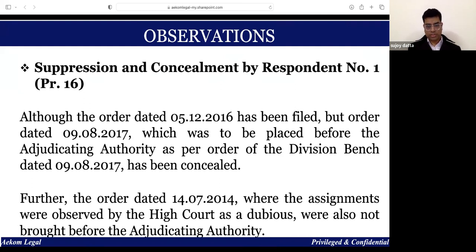So this fact was noticed, and it was also seen that the other order by the High Court, dated 14th of July 2014, where the assignments were observed to be dubious, was also not placed before the NCLT. There they had noticed that against 50 crores, only a payment of 9 crores has been paid and all 4 debts have been acquired, and they said that it appears prima facie to be somewhat suspicious. That order was also not placed before the court.